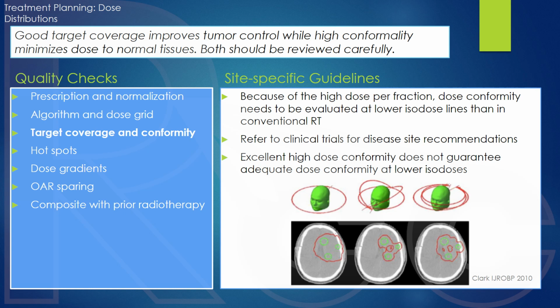In this example, these green lines perfectly overlap the 3 disjointed SRS targets, as the prescription dose conformity is excellent. However, at the 50% isodose line, which is associated with rates of radionecrosis for single fraction SRS, you can see that there is a very different shape or very different conformity.